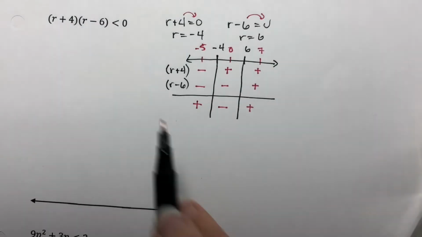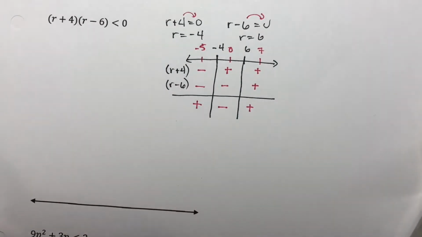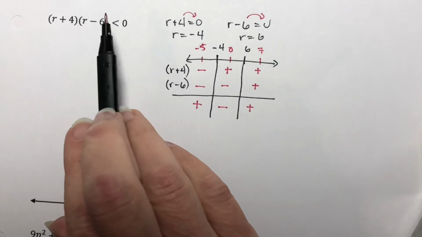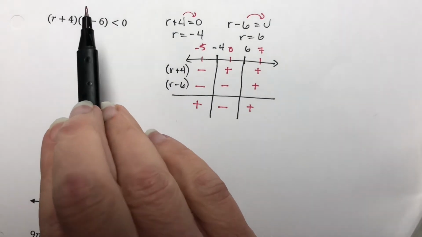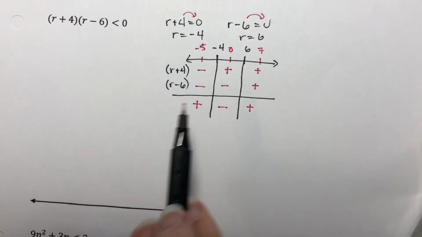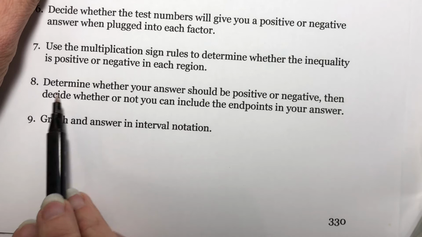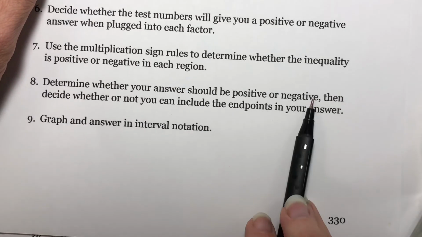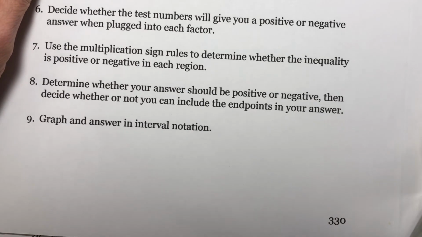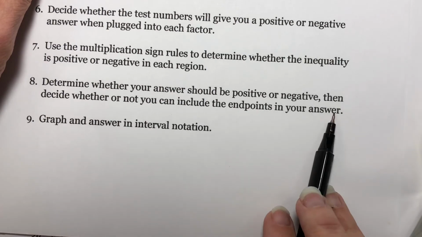Now, for the first time, we look at this sign. Everything we've done here, we would do exactly the same whether this is less than, greater than, less than or equal to, or greater than or equal to. All of this would be the same. Now, for the first time, we look at this, and we figure out whether our answer should be positive or negative, what they're wanting us to have, and then decide whether or not you can include the endpoints in your answer.